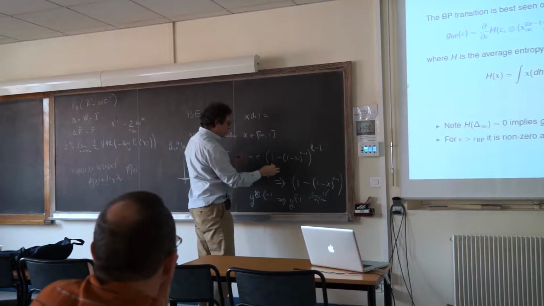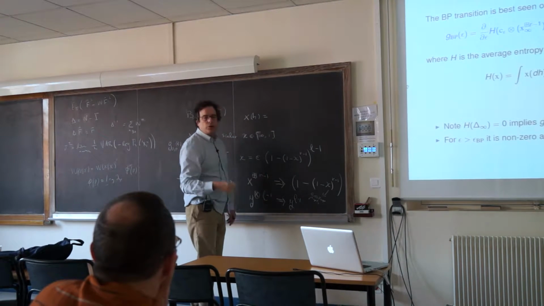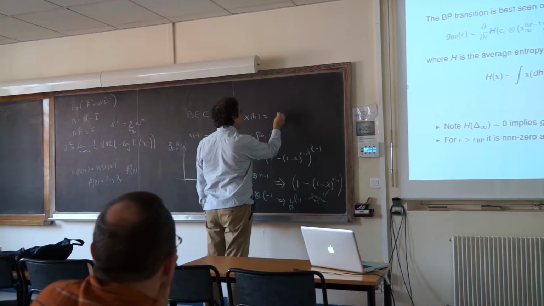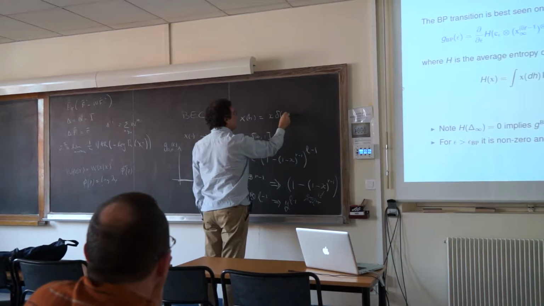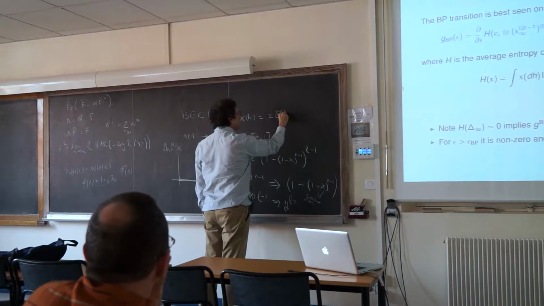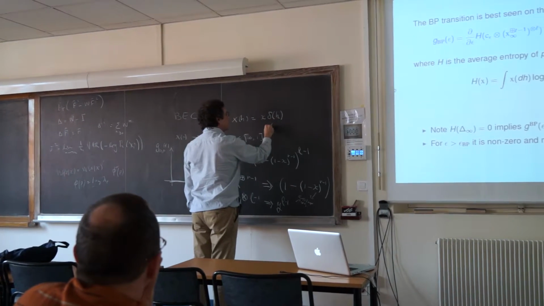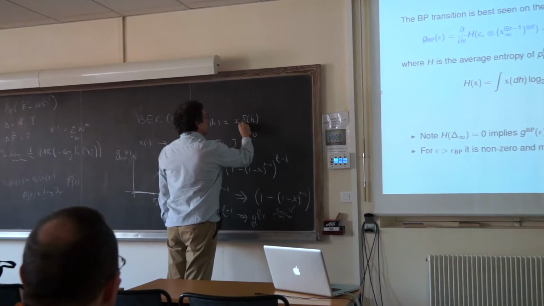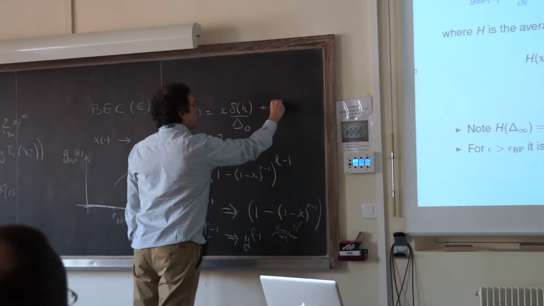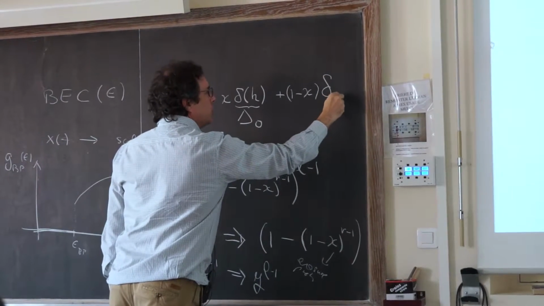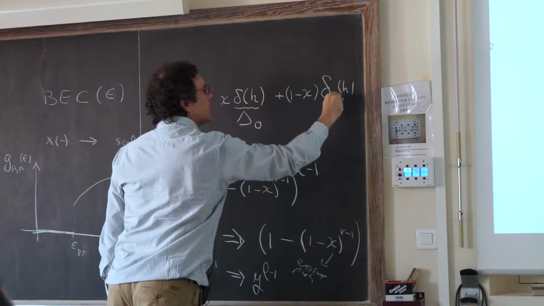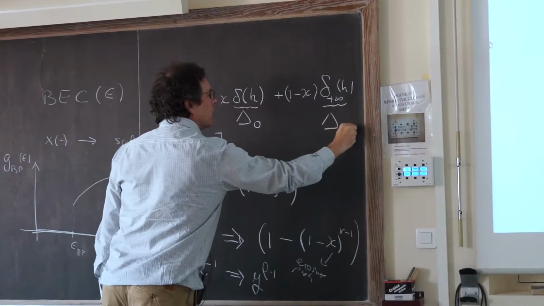So okay, the notation is you want it to converge to 0, in fact. So you have x, that's the probability that you have mass at h equals 0. So that's what I call delta naught, plus 1 minus x, the probability times the mass at infinity. Okay, so x is the converse of 1 minus x.